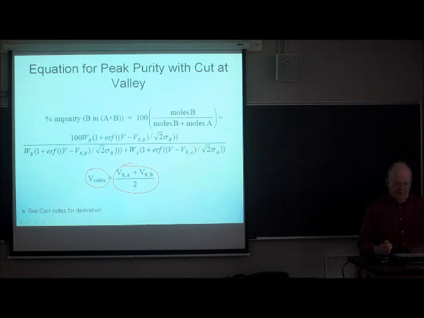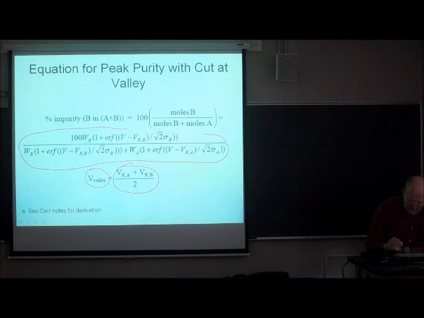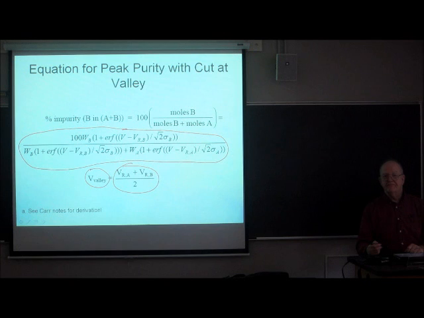And what comes out of that is the percent impurity of B, which is the second peak, in the A plus B, that's how we would define the percent purity, right? You plug the numbers, the error function equations in, and this is your percentage impurity.